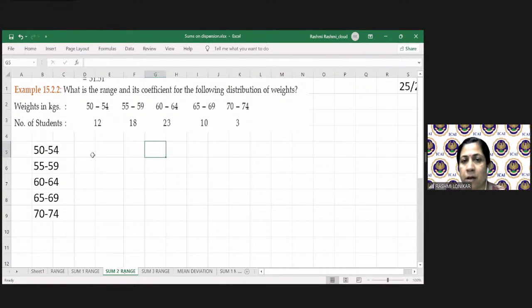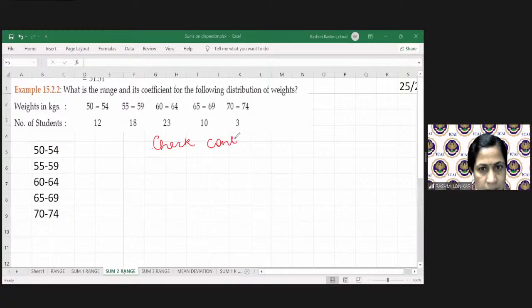Now remember, what is important here is to check whether it is continuous data. But here I can see this is 54 and this is 55, so this is not continuous. So what I need to do is make it continuous.